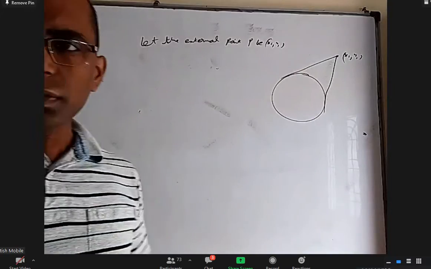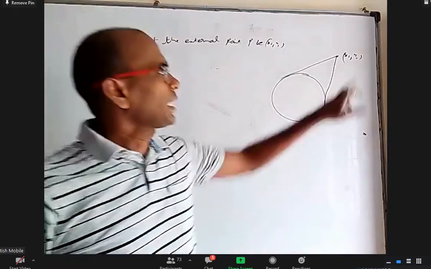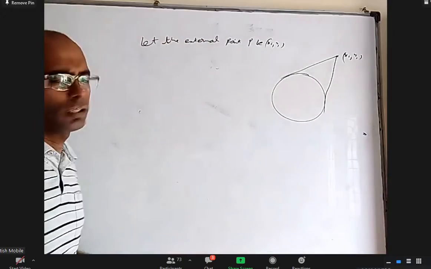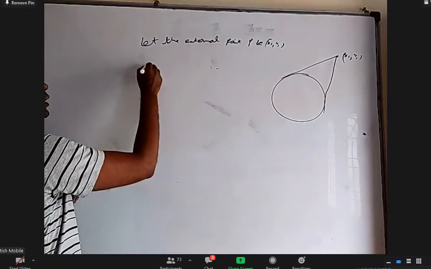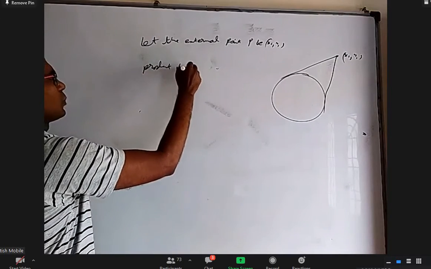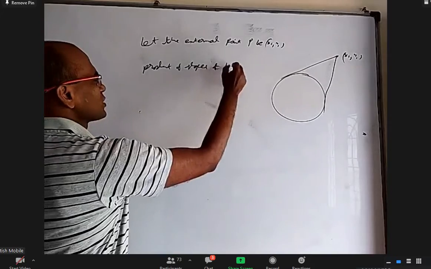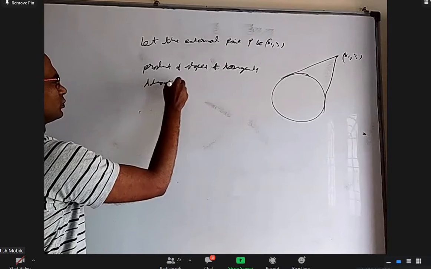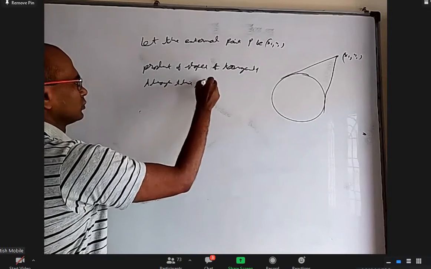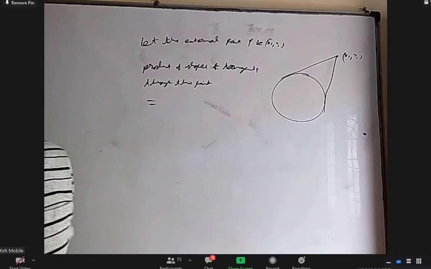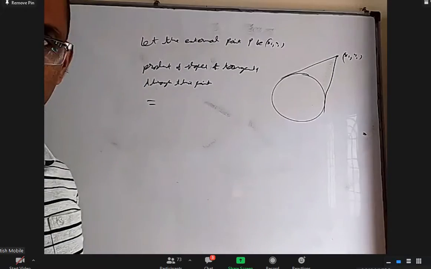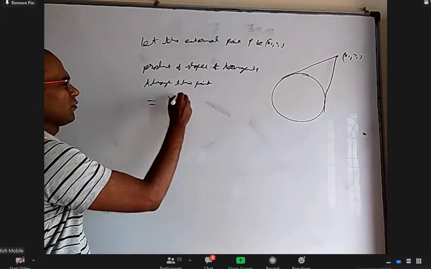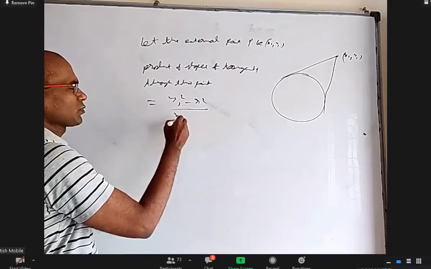Now that 7 I will not use now. Based on this point, I can tell what is the product of the slopes. Just in the previous question, I derived it also. I can derive it once again if you want. But anyway, product of slopes of tangents through this point is equal to, in the previous question, what did we get? (y1 square minus r square) by (x1 square minus r square).